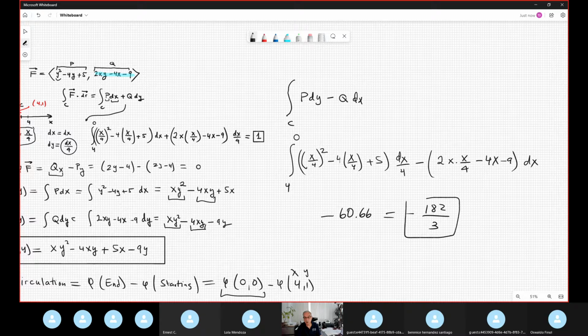So I encourage you, this problem gets a little bit more complicated, no? You try to verify it in the application I sent last time. In the last lecture I sent you the link to connect to the application in GeoGebra. The first one is circulation, and the second is flux.